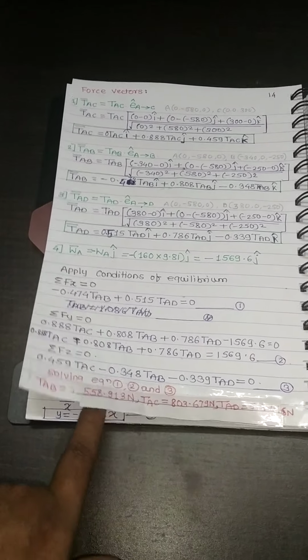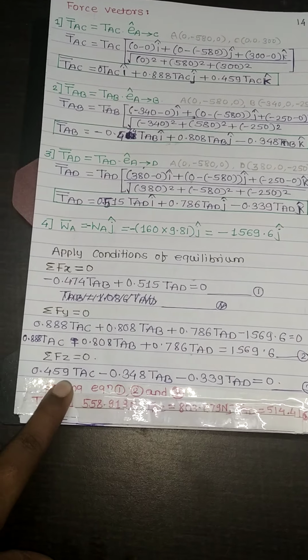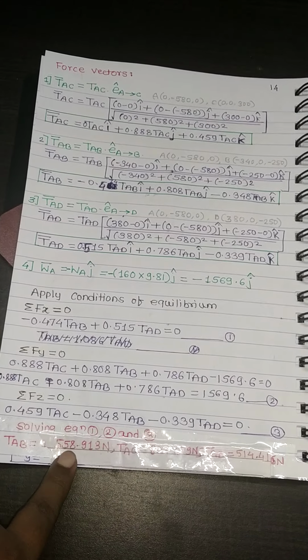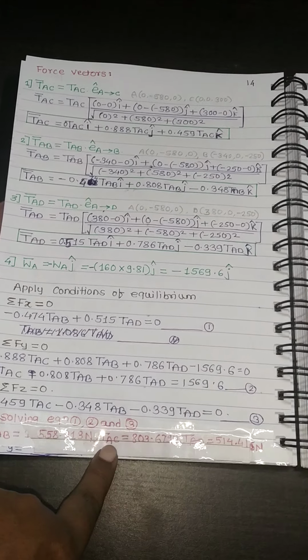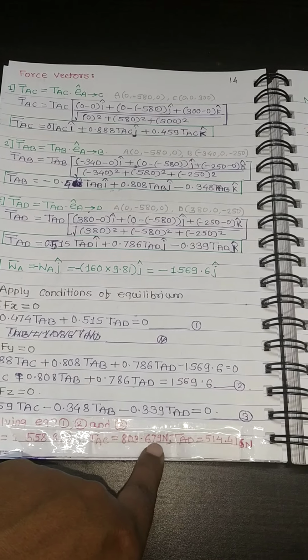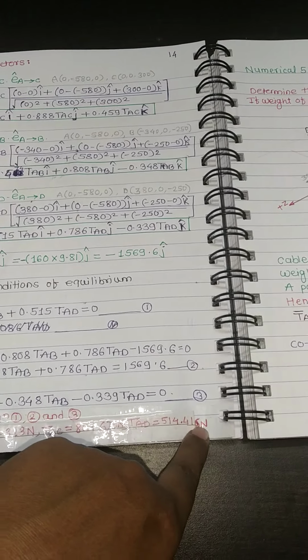I solved these three equations simultaneously on the calculator, and I got the magnitude of TAB equal to 558.913 Newton, TAC equal to 803.679 Newton, and TAD equal to 514.416 Newton.